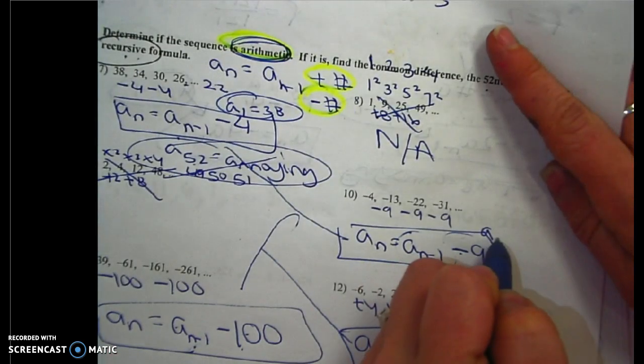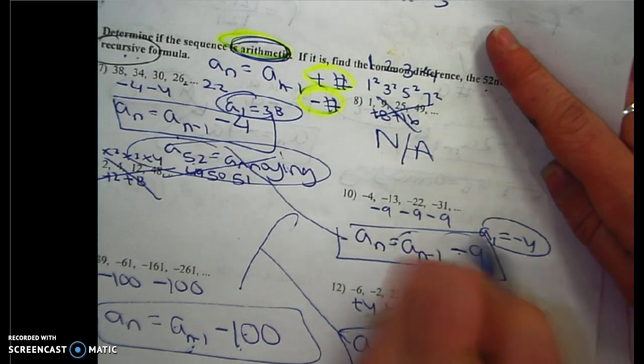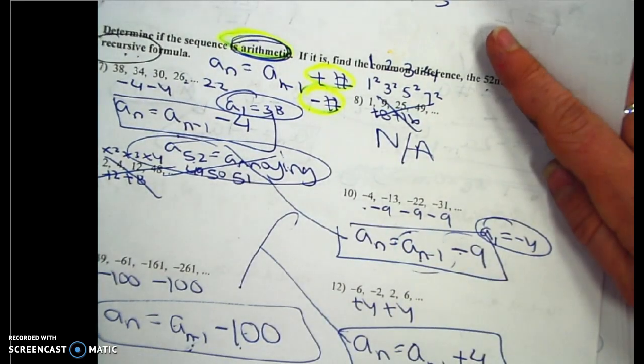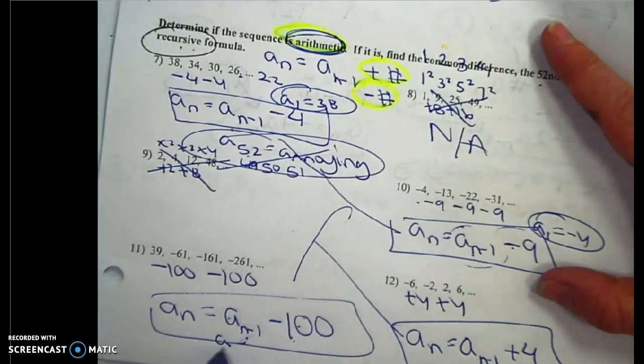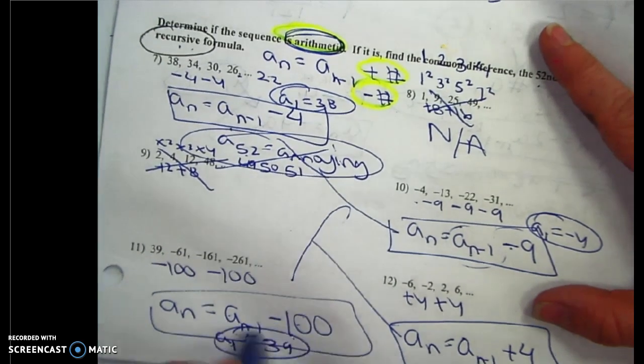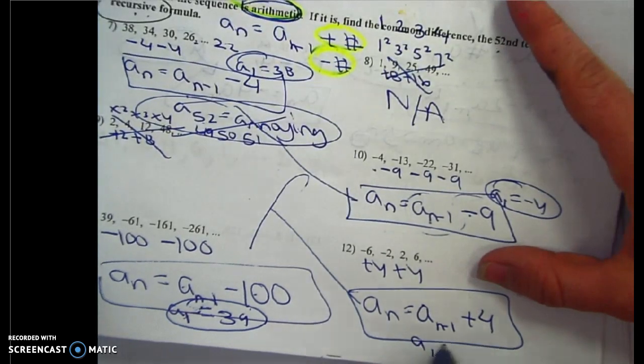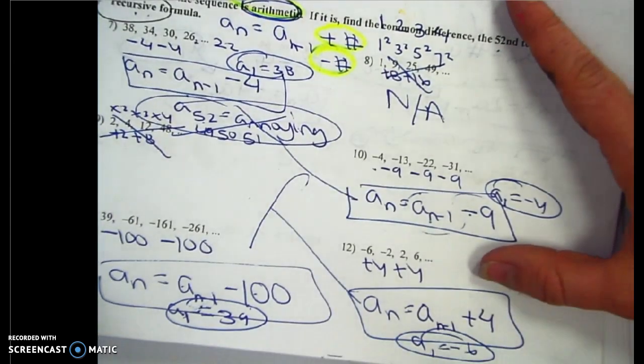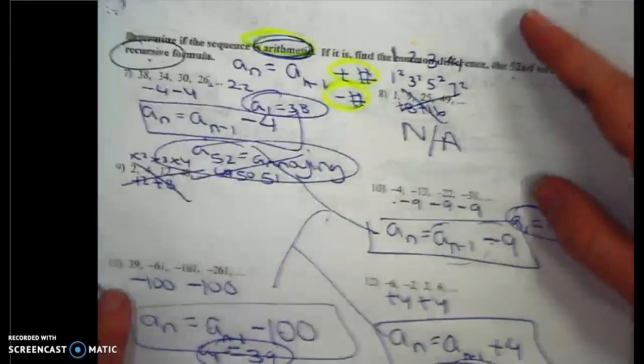A sub 1 equals -4 because I have to say my first term. A sub 1 equals 39. And a sub 1 equals -6. This stuff isn't on the quiz, by the way, but it will be on your test. Okay? But it could be bonus if it's applicable.